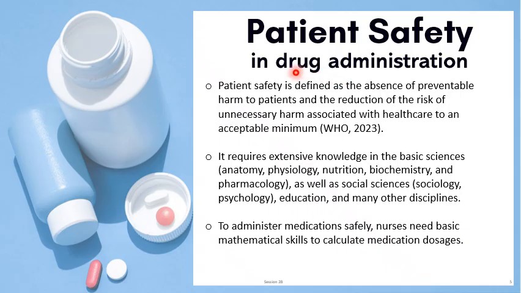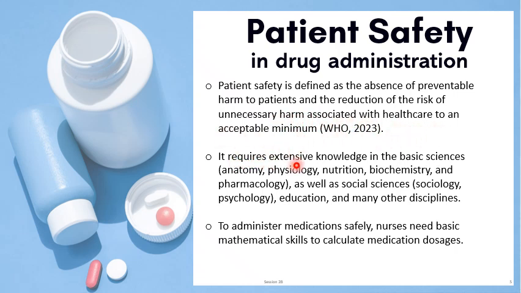In patient safety, for drug administration, we need to understand that patient safety is the absence of preventable harm to patients and the reduction of the risk of unnecessary harm associated with healthcare to an acceptable minimum.